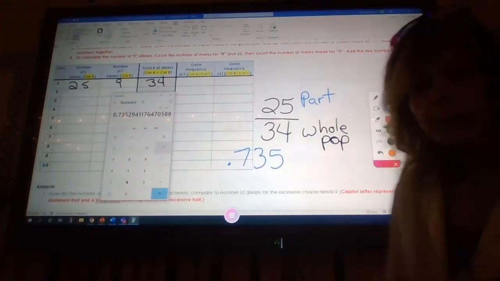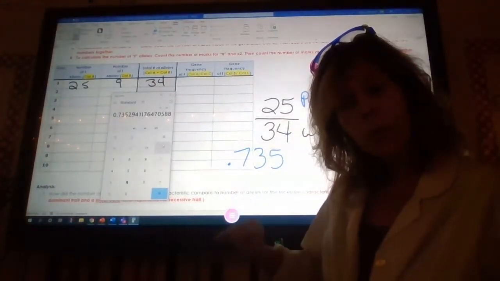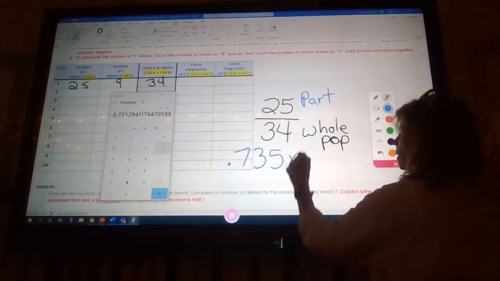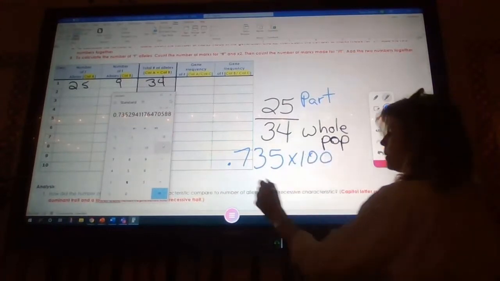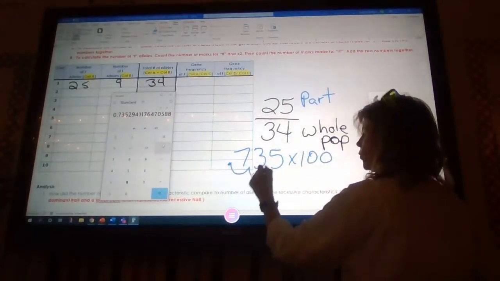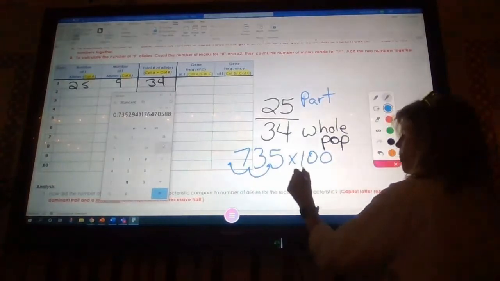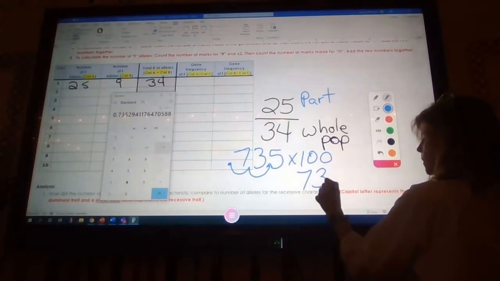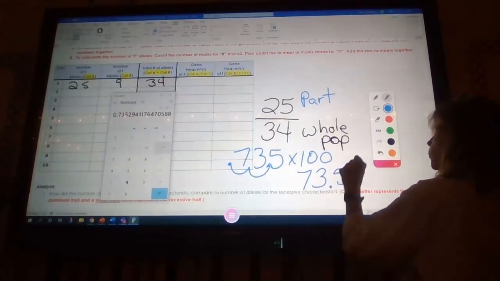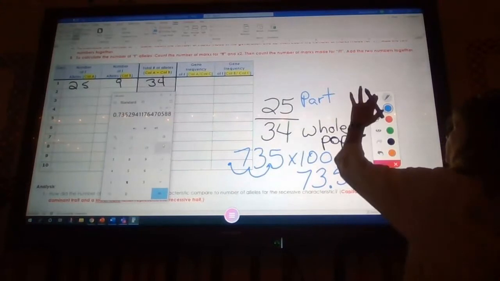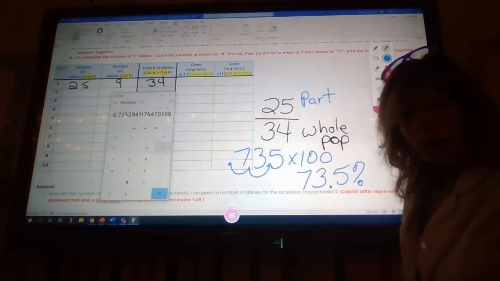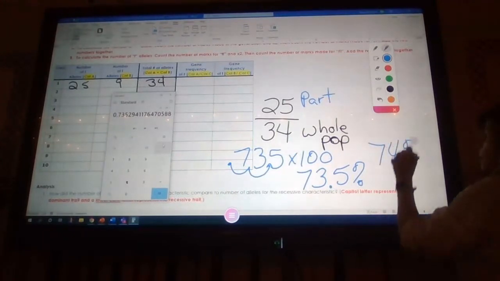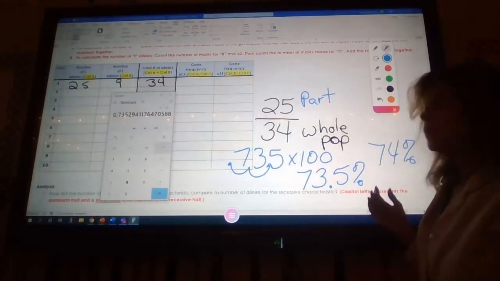Now, I need percent, so I'm going to change that decimal into a percentage by multiplying by 100. And what that means is I'm moving it 2 places. And that gives me 73.5%. I could also write 74% if I rounded it.